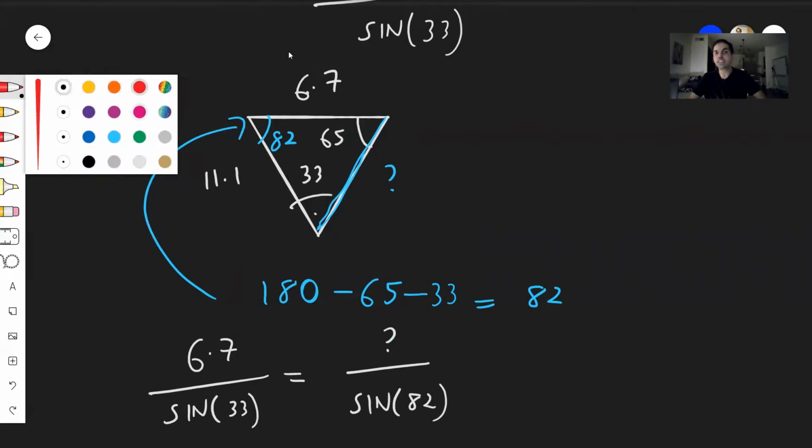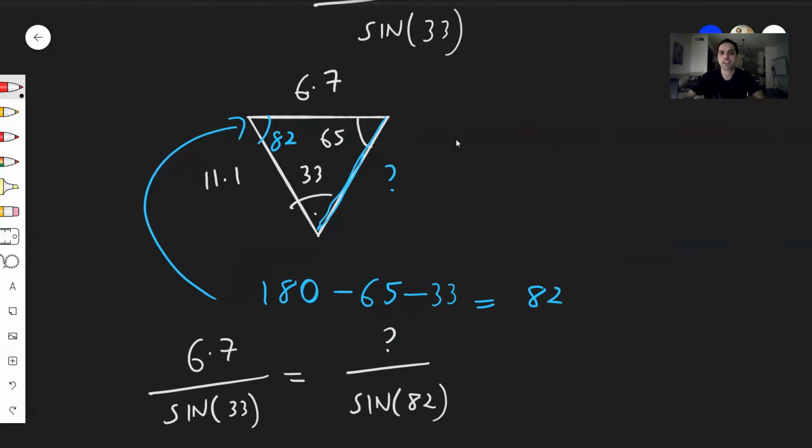And again, just like the analogy I said, how do you figure out what the opposite side is? Think of this as a flashlight. What side is it flashing? Well, this one. So that's 6.7 divided by sine of 33. What about this side? Think of it as a flashlight. It's facing this side.